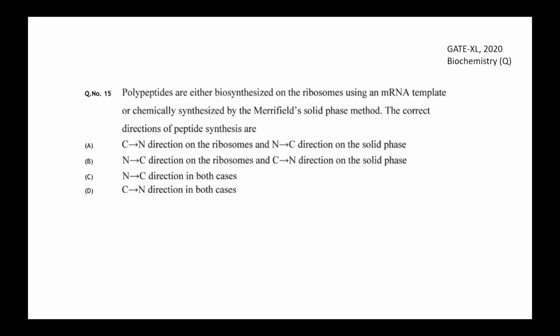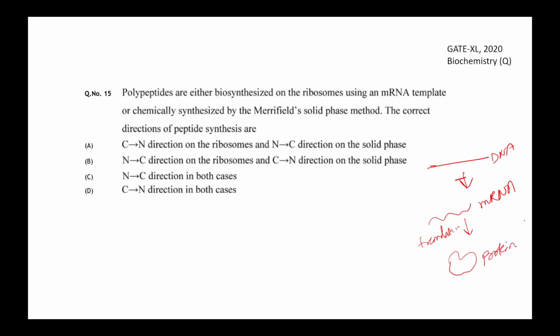So how does protein translation, protein synthesis, take place? We know the central dogma. In the central dogma, we have the DNA that will get transcribed and give us the mRNA, messenger RNA, and then from this messenger RNA, through the translation process, we get our desired protein.